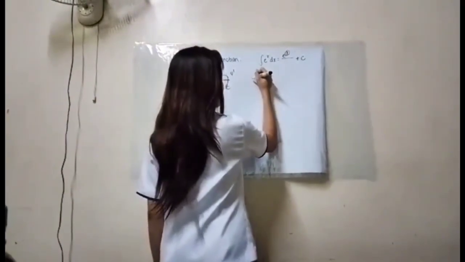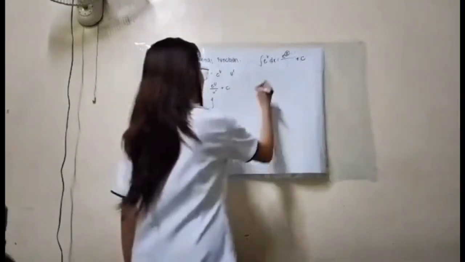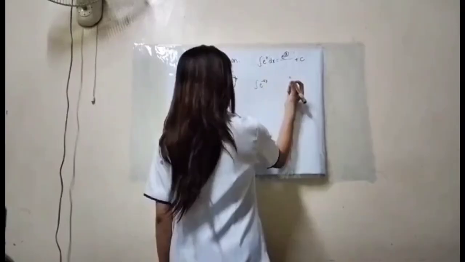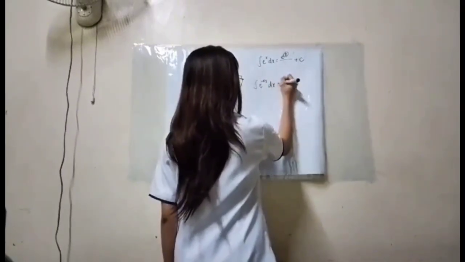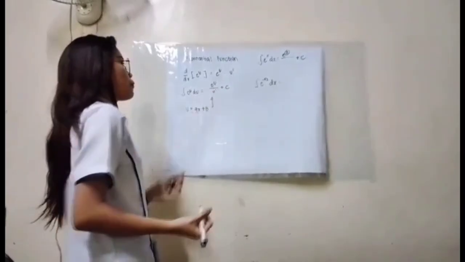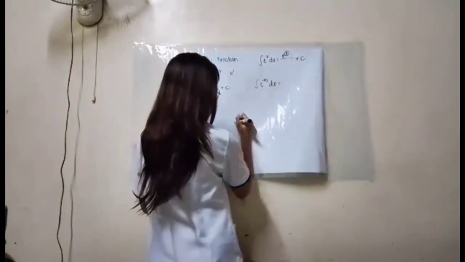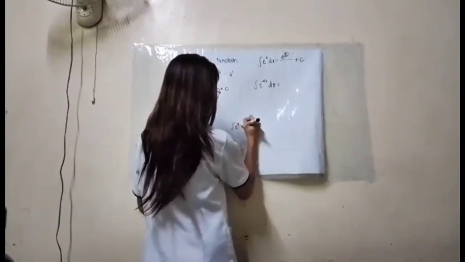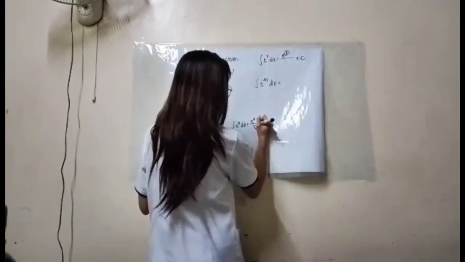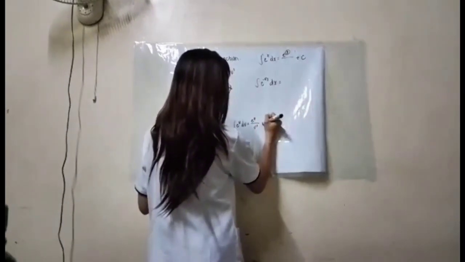For our number 2, the integral of e to the negative 5x, so let's use this formula, e to the u over u prime plus c.